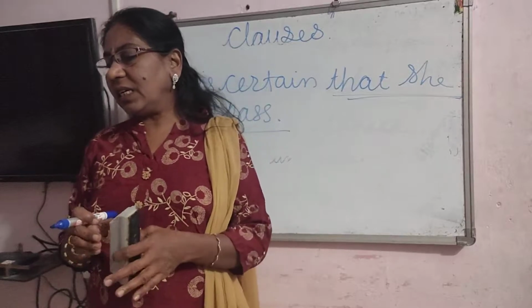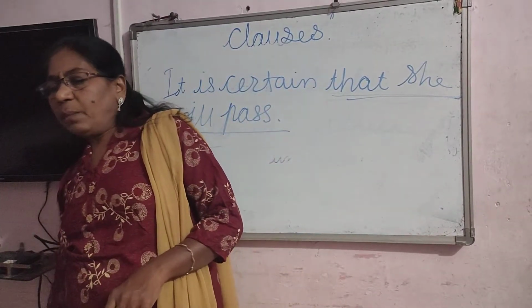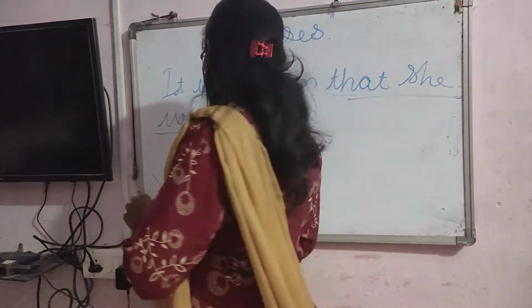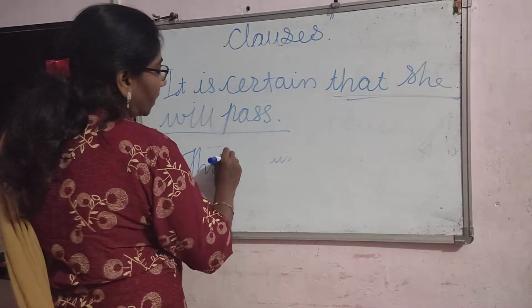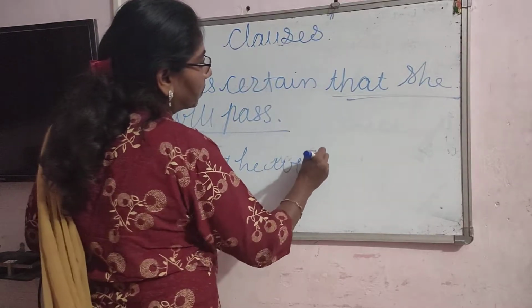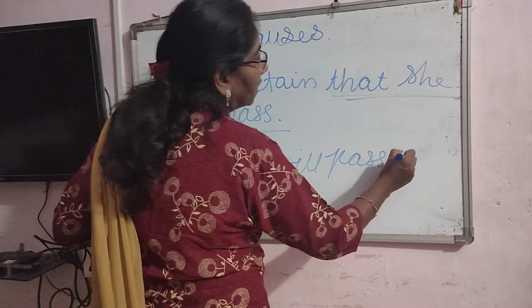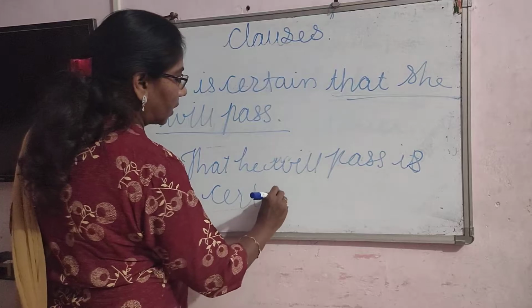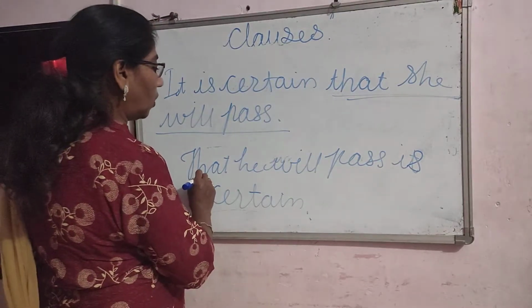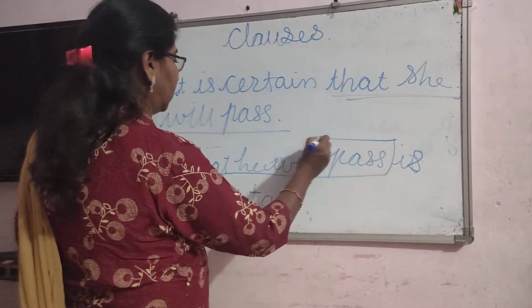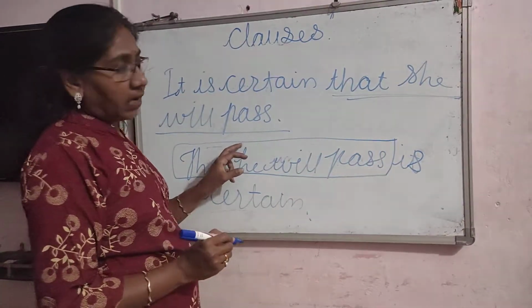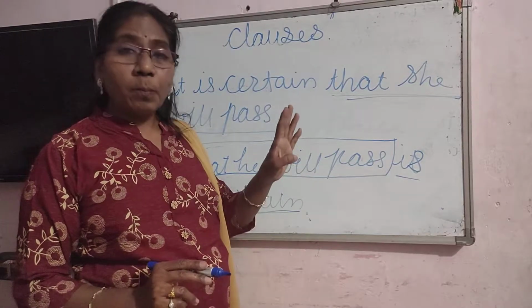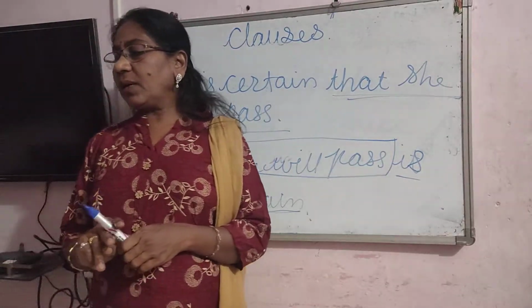If the sentence is given like that he will pass is certain, you have to write that he will pass is the subordinate clause and it is certain is the main clause.